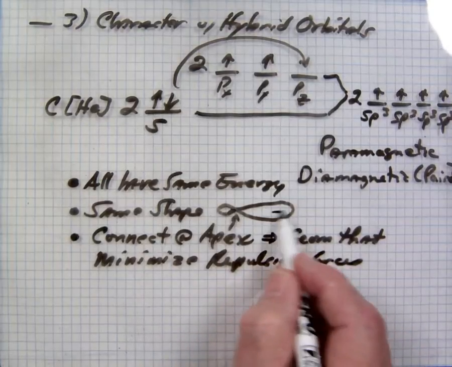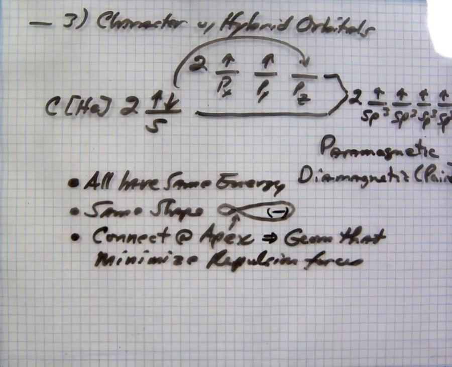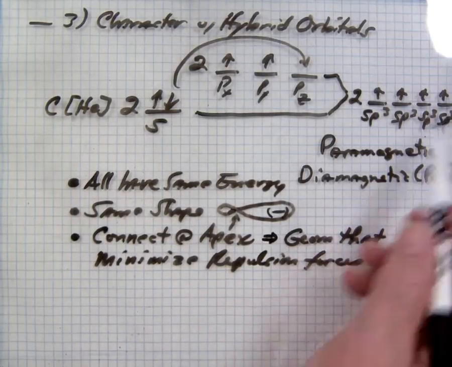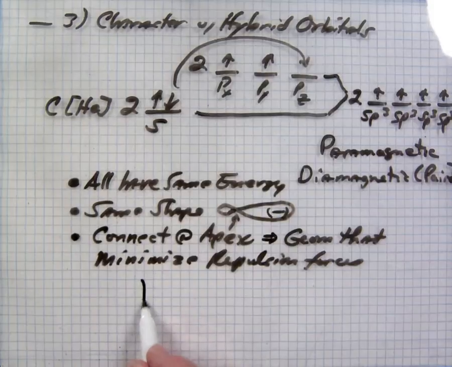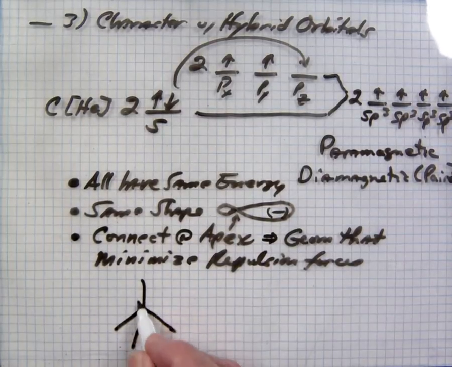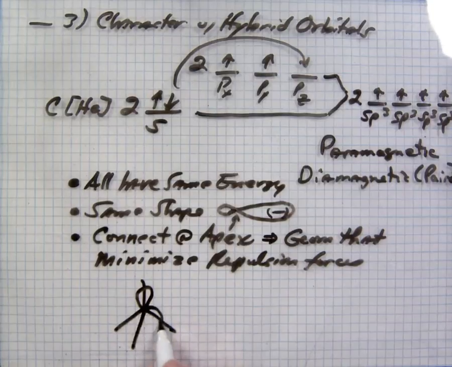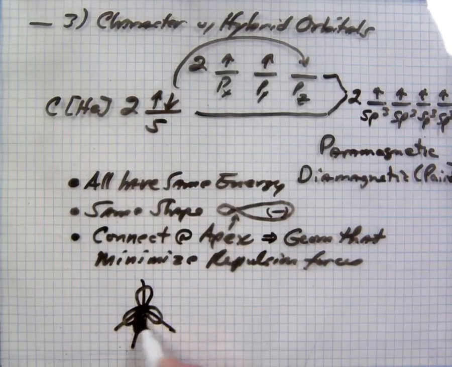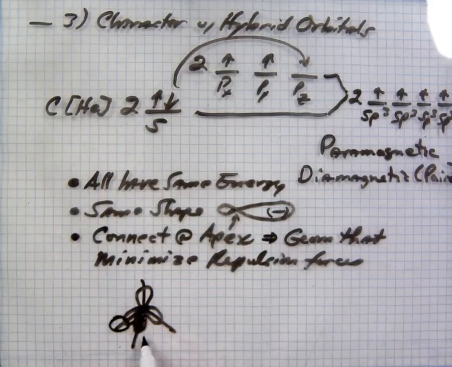So if this is an electron cloud, which is what it is, it all has negative charge, and if we were working with 4, we would see a tetrahedron in this form, and a lobe here, one there, and of course there would be one out here, and then bonding would take place here.